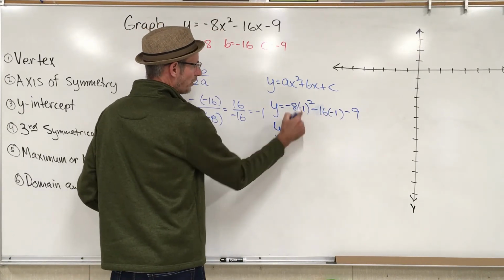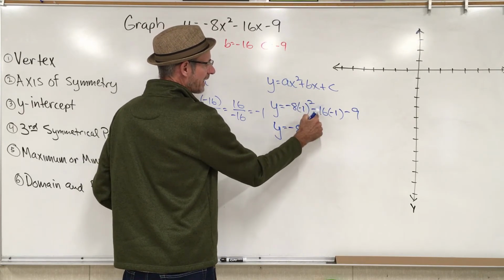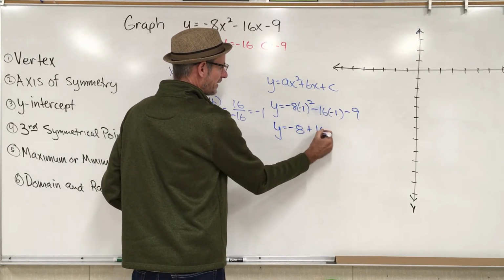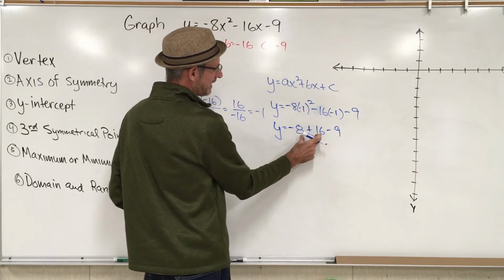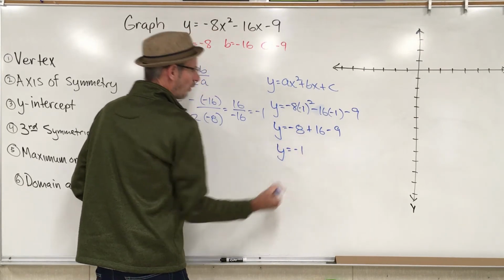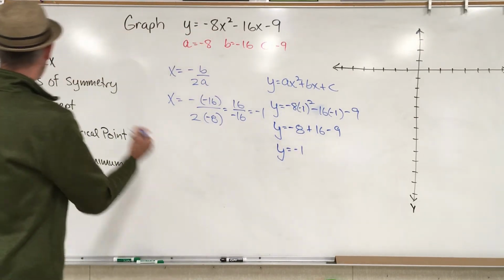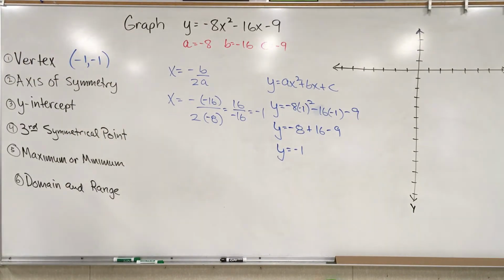And I get y equals negative 1 squared is 1 times negative 8 is negative 8. Negative 16 times negative 1 is positive 16 and negative 9. Negative 8 and positive 16 is 8. And 8 minus 9 is negative 1. So my vertex is negative 1, comma, negative 1.